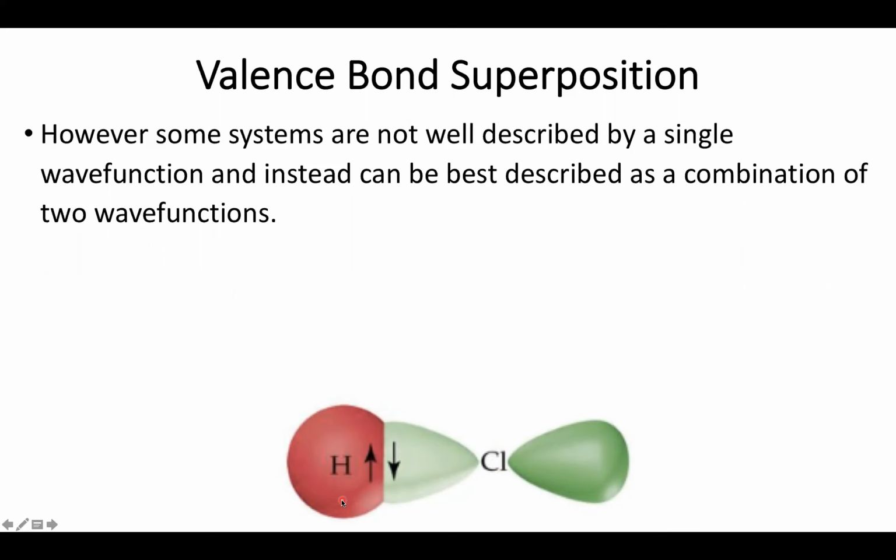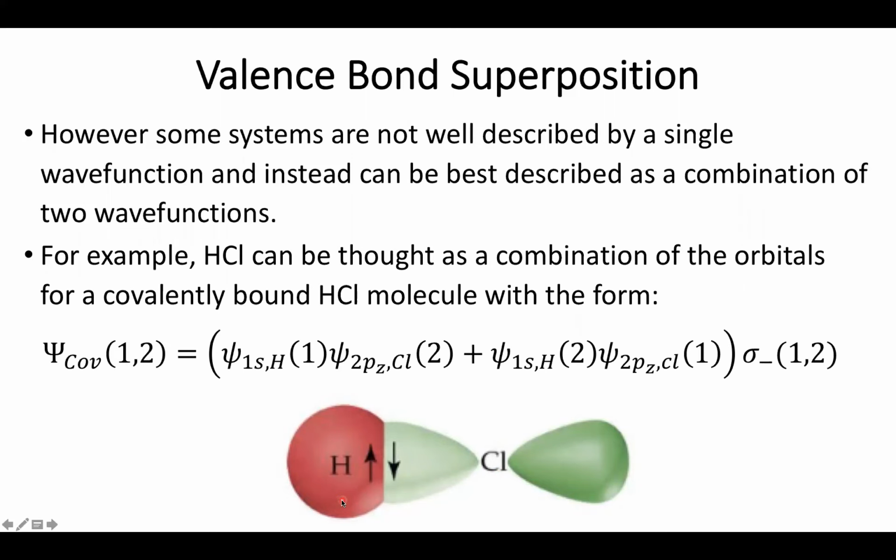So the covalent bond we can treat very similar to how I looked at the bonds for hydrogen or chlorine. I figure out which two orbitals are going to be overlapping. In this case, the hydrogen 1s and the chlorine 2pz. Again, by convention, we're overlapping the pz orbital. Starts with the first electron on the hydrogen, second electron on the chlorine.